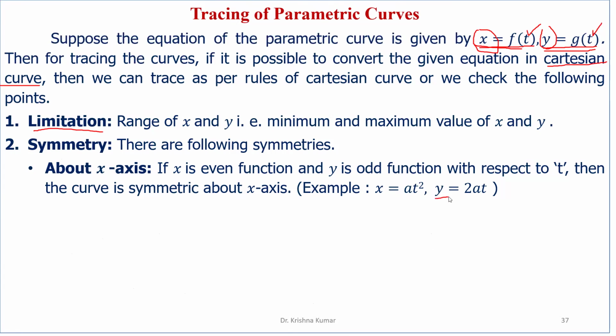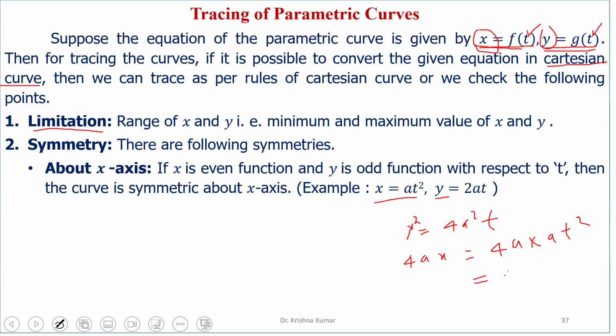If we square y, y square is equal to 4a square t square, which is 4a into at square, so y square equal to 4ax.